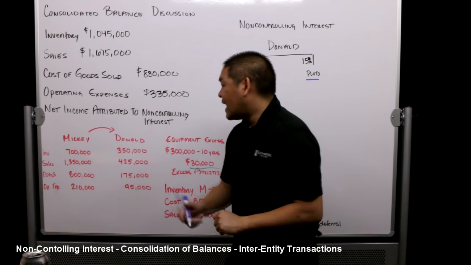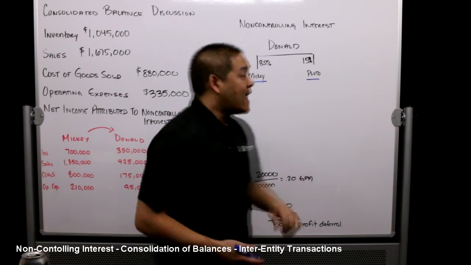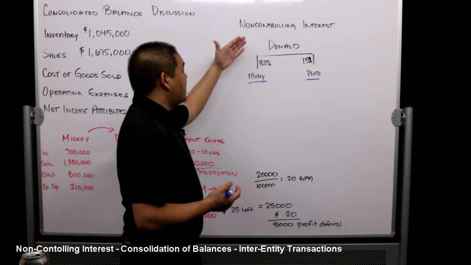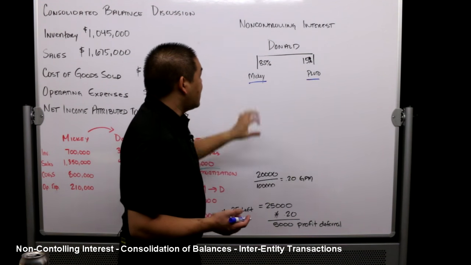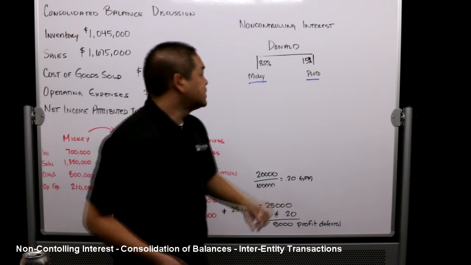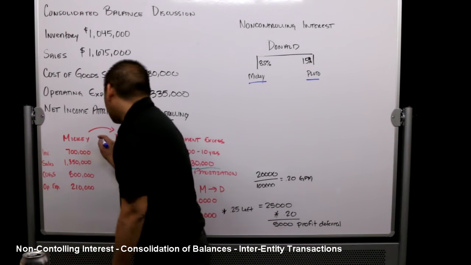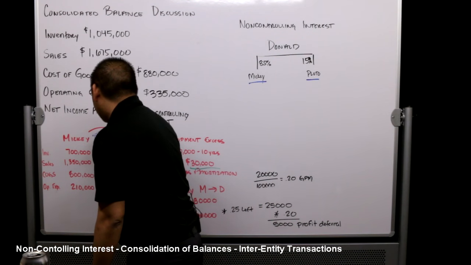Now, in our last example, we just assumed that Mickey owned 100% of Donald. But as an example, let's assume that we've got Donald here and Mickey owns 85%, but this guy here, Pluto, owns 15%. So Pluto owns 15%, Mickey owns 85%.